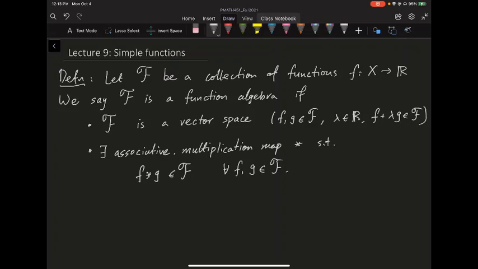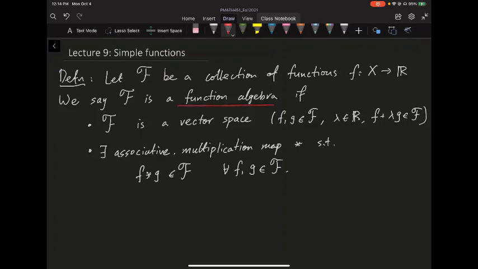And the algebra also is equipped with another operation, which is an associative multiplicative map. We call it the star here. So basically, if I take two elements in this function algebra, then I compose them using this multiplication map, I get something inside this collection as well. And if I can find these two conditions, then this collection is called a function algebra.